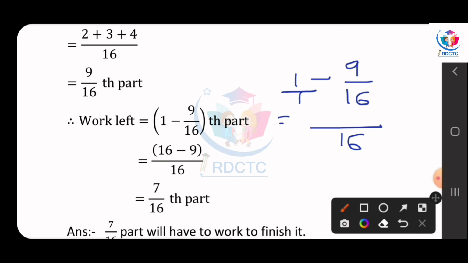When we divide 16 by 1, we get 16 and 16 into 1 means 16. Then we divide 16 by 16 and we get 1 and 9 1s are 9. Okay, when we subtract 9 from 16, we get 7 by 16 and the work left is 7 by 16 part.